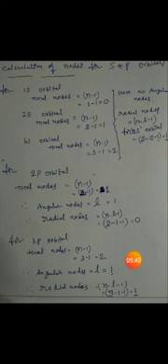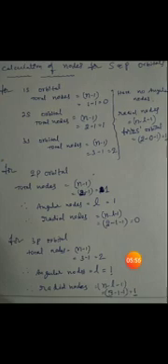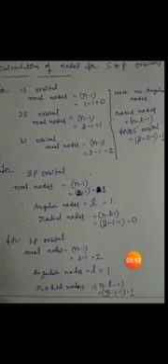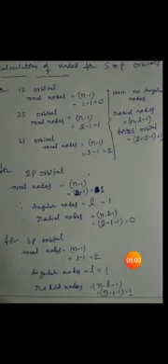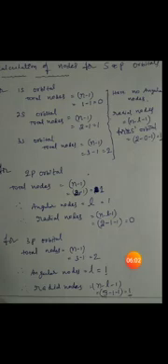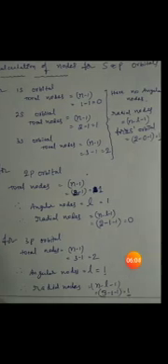Then to calculate the radial nodes, n minus l minus 1: for the 3p orbital n is 3 and l is 1, so 3 minus 1 minus 1, that is 3 minus 2, that is 1 radial node. This is the way to calculate the number of nodes, angular nodes and radial nodes, children.